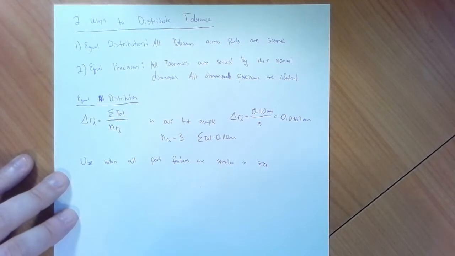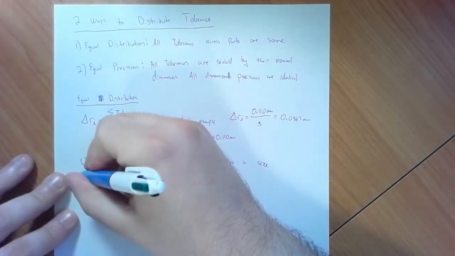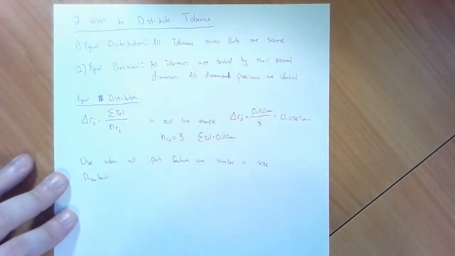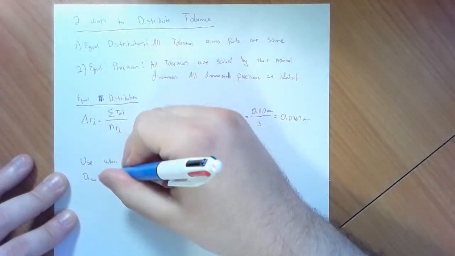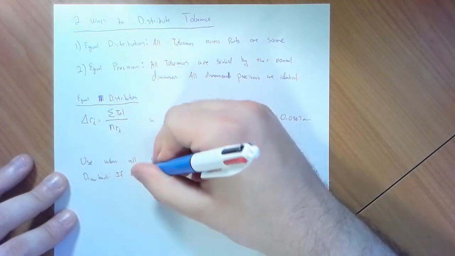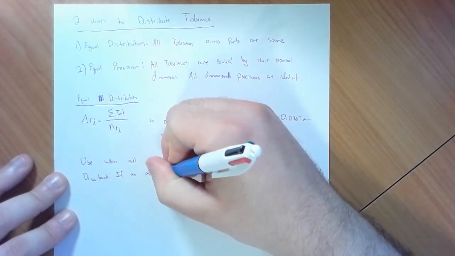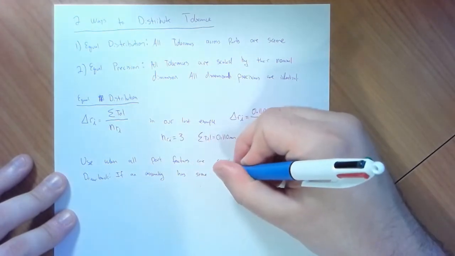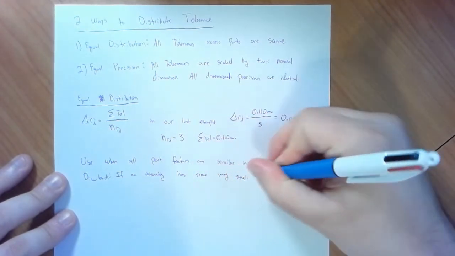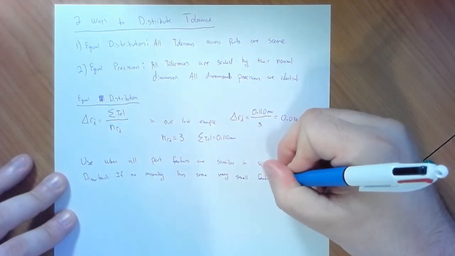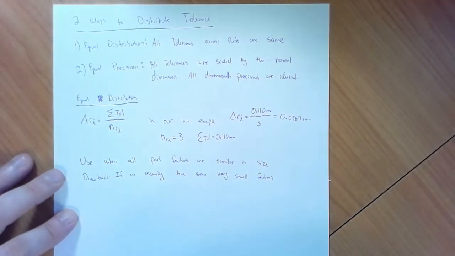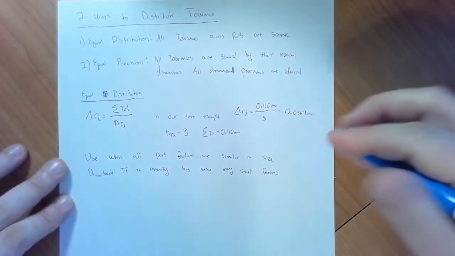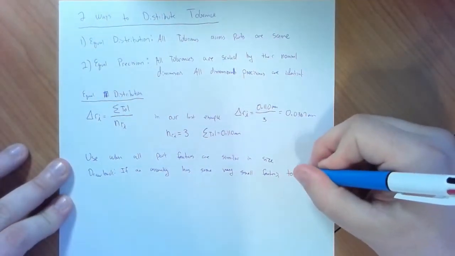So the drawback of this approach is if you have smaller features. If an assembly has some very small features, you could end up in a situation where the tolerances become a high percentage of nominal dimensions.